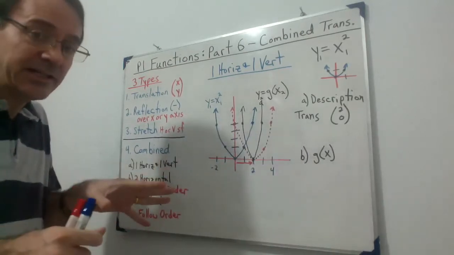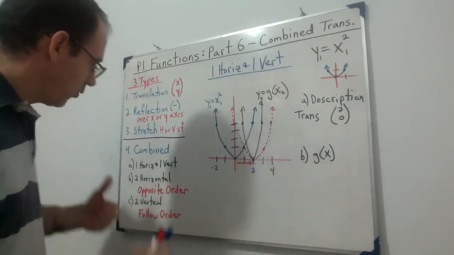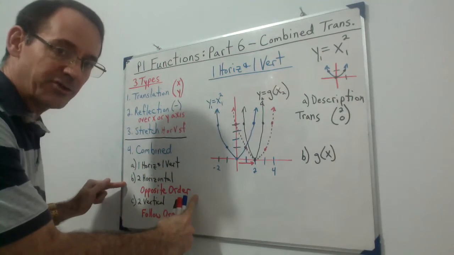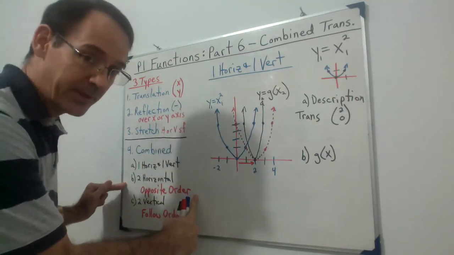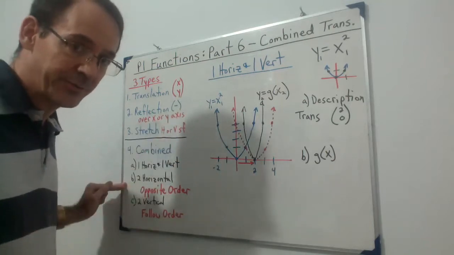And actually, the way the book answered it was through a 2 horizontal transformation answer. It didn't ask for 2 horizontal. It just says, describe the 2 transformations.